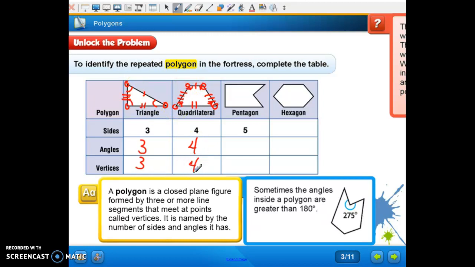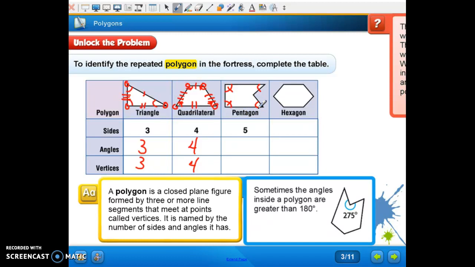And a pentagon. It has 5 sides. Penta means 5. How many angles? Let's mark them. Is this angle the same as anything? These 2 should be congruent, right? We're going to put a little line through each of them so we know they match. And then there's an angle here, and an angle here.